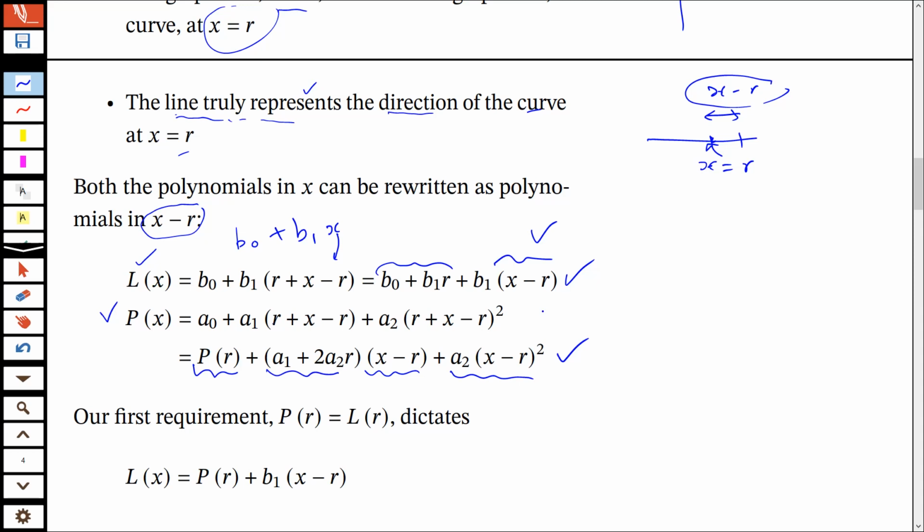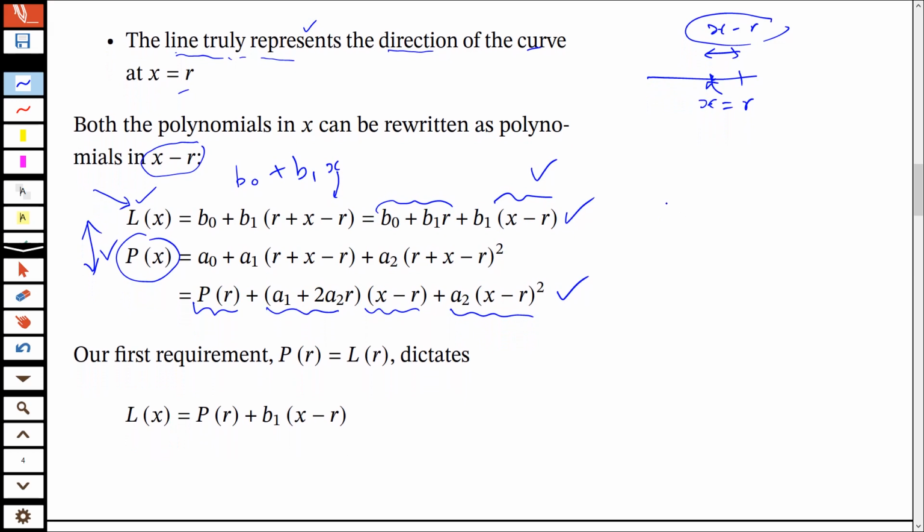We are searching for a linear function which is capturing two aspects of our polynomial function, and to see how good that representation is, let's investigate the difference between these two.